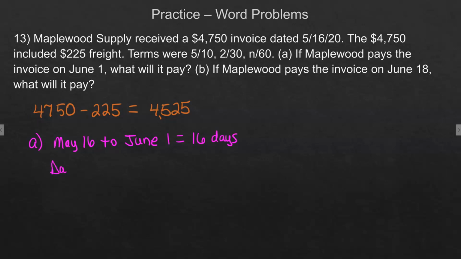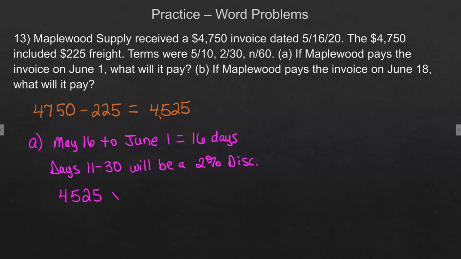So days 11 through 30 will be a 2% discount. So they're going to receive a 2% discount. They didn't pay in the first 10 days, but they did pay in the second discount period, so they get a 2% discount.